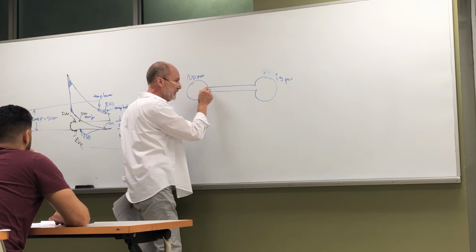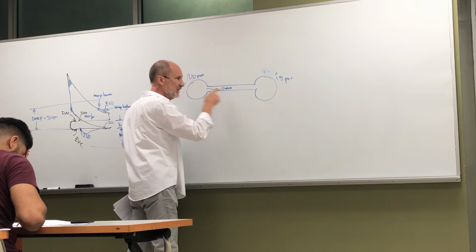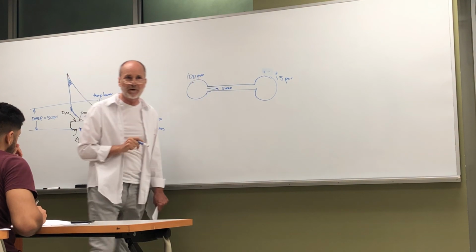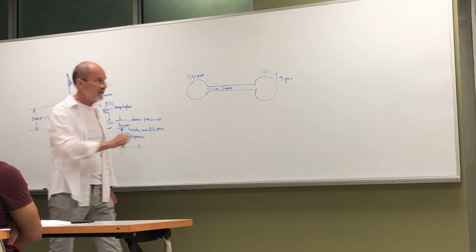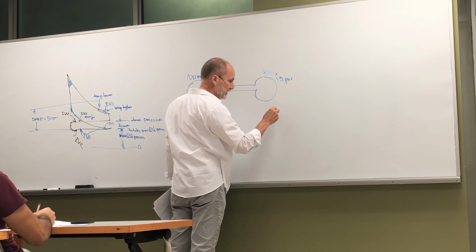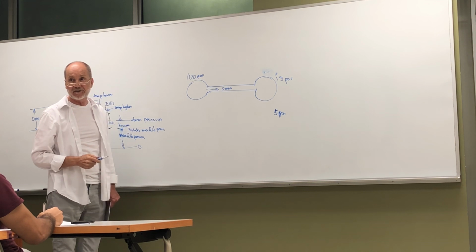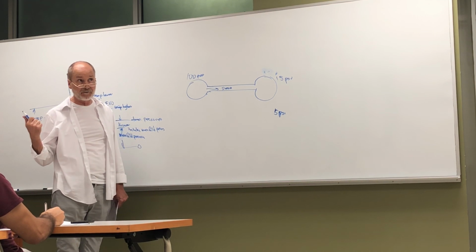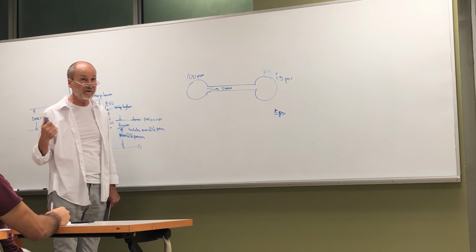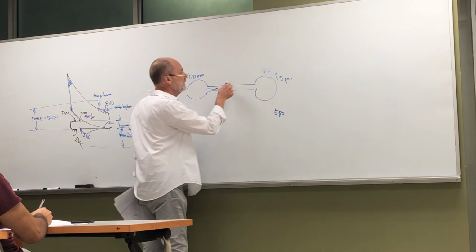Once these gases reach the speed of sound, this tank doesn't know what the pressure here is anymore. I can lower this pressure down to 5 psi, and I've got exactly the same mass flow rate. We're going to run into this when you deal with Mach number later in this class. This is sonic.